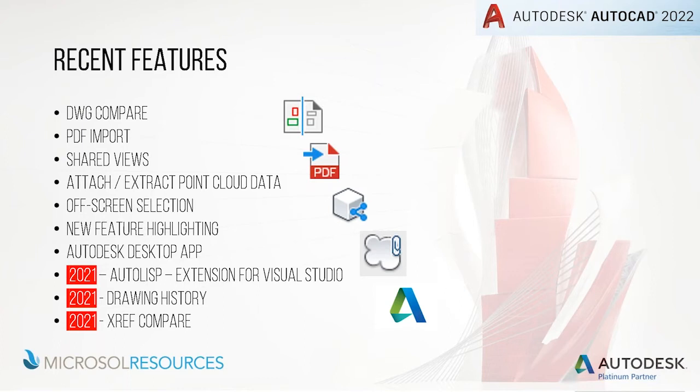And just a very useful feature that is then used in different ways for Drawing History and XREF Compare as well, which were released in 2021. Drawing History allows you to compare the current version of the drawing to any previous version of that same drawing.